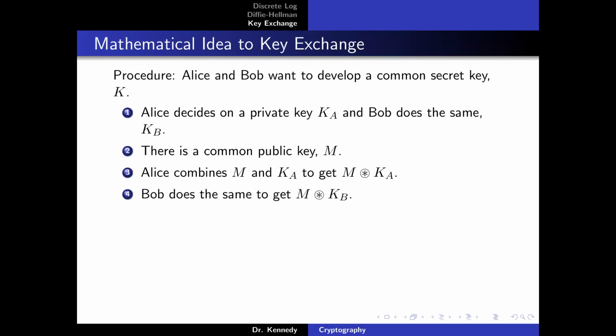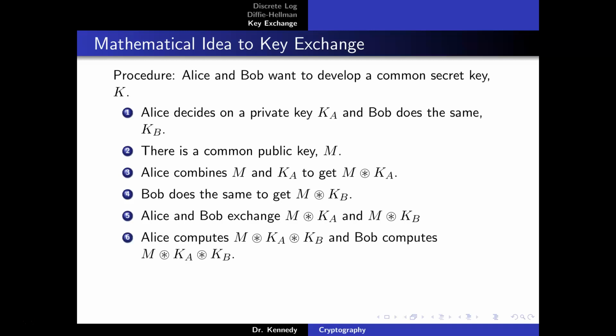All right, Bob's going to do the same. He's going to take M and he's going to combine it mathematically with his private key in some way, shape, or form. They then exchange those numbers. So Alice sends hers to Bob, Bob sends his to Alice, and then they do the exact same thing again. Alice takes what she received from Bob and she throws her private key onto it.